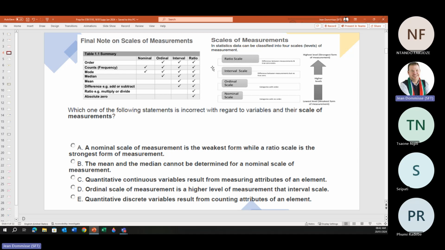Interval will be the second highest because you can do a bit more with interval than with ordinal and nominal. So with nominal, you can do a few things. Ordinal, you can do those few things plus one or two more. Interval, a bit more, and ratio, nearly everything.